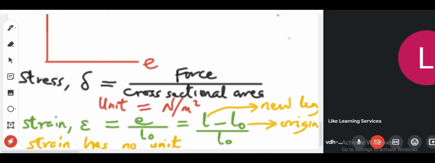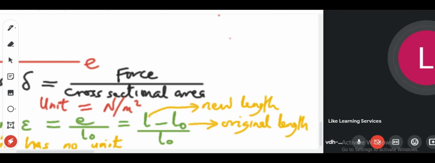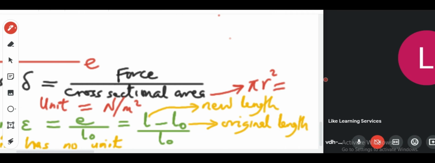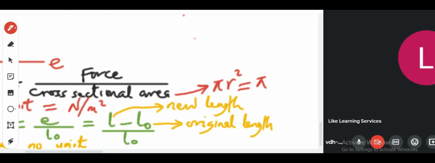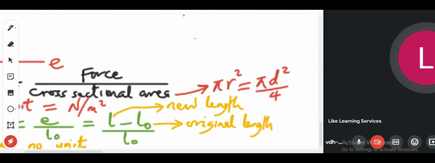For a wire with a circular cross-section, you can use pi r squared, or pi d squared over 4 if the diameter is given, to find the cross-sectional area of the wire, while the force will be the load.